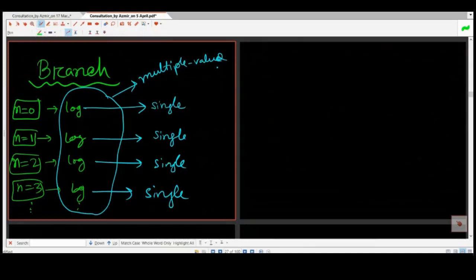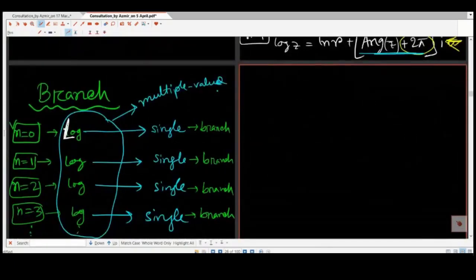Now all these single valued functions are called branches. For n equal to 0, the result that we will find is a branch. For n equals 1, we have a log, which is a single valued function, that is a branch. Similarly, we have many branches. You can remember that when n equals 0, this log becomes capital Log.